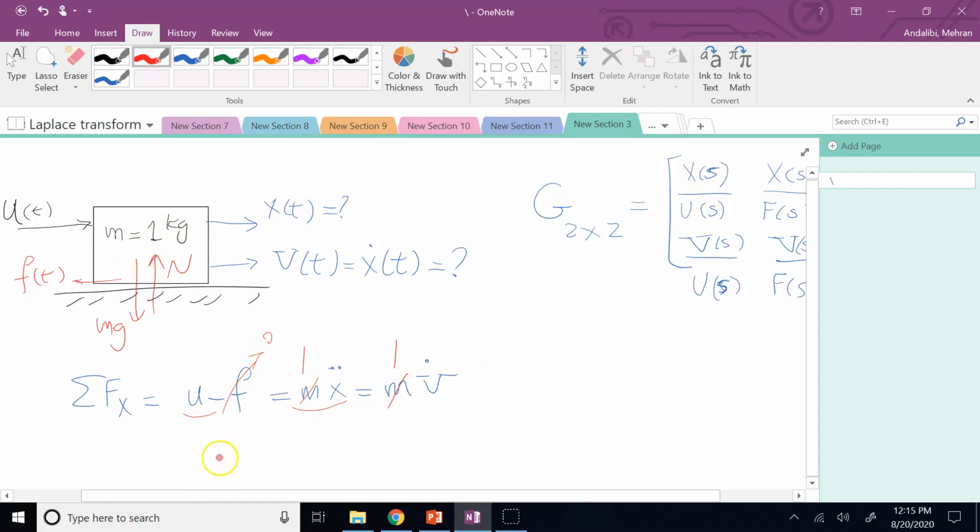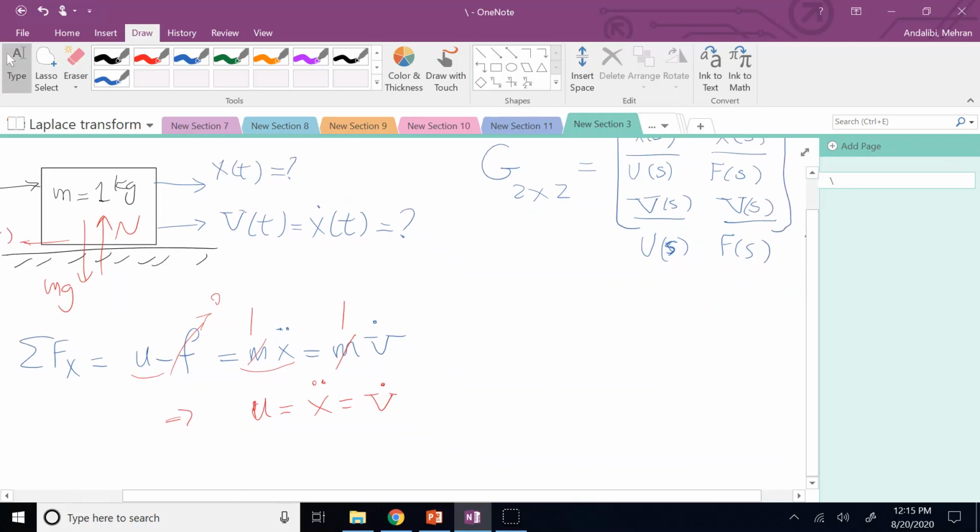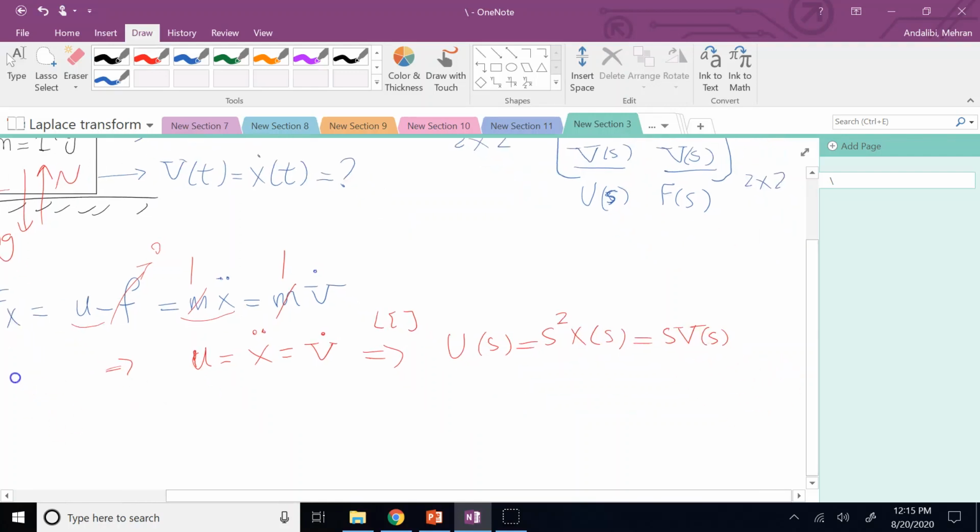So u is equal to x double dot and equal to v dot, when f is 0 and m is 1. If I apply Laplace, I get u of s equals s squared x of s and equals s times v of s, assuming initial conditions v of 0 is 0 and x of 0 is 0.